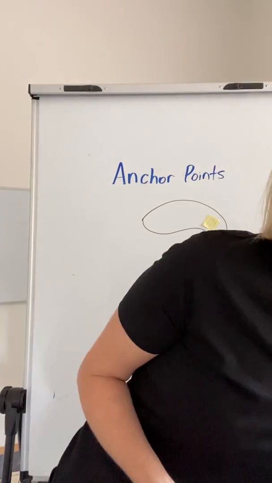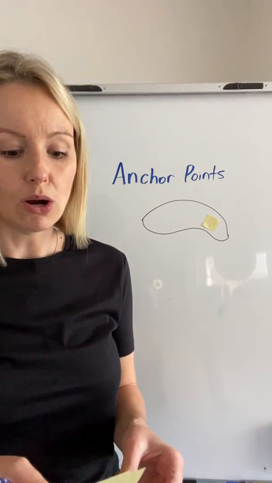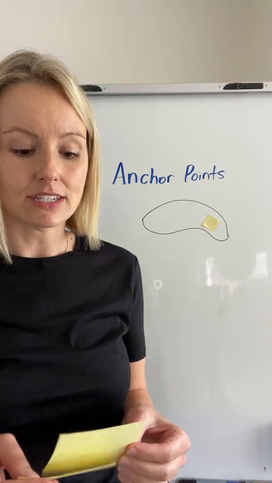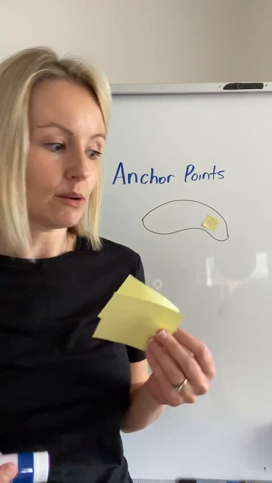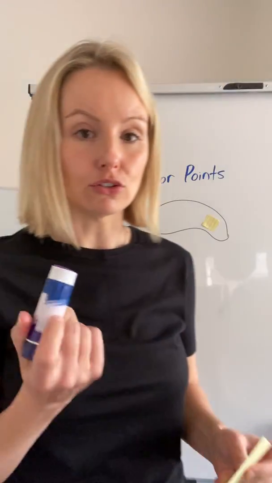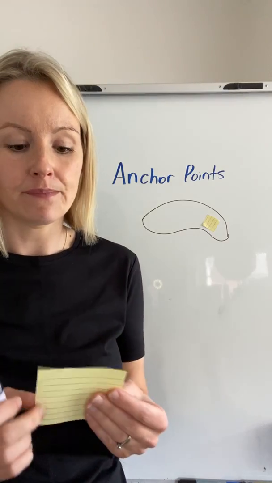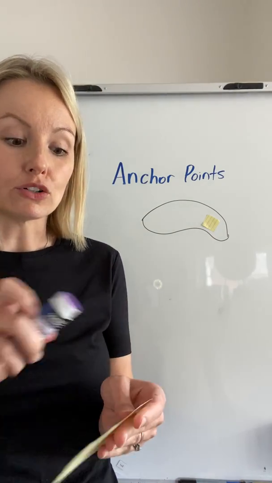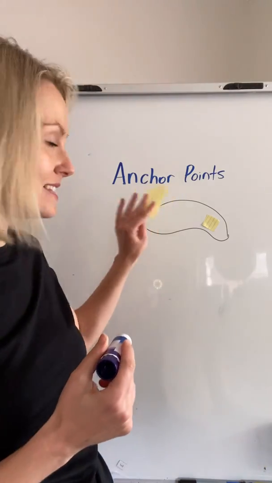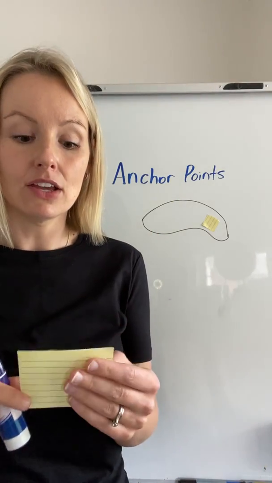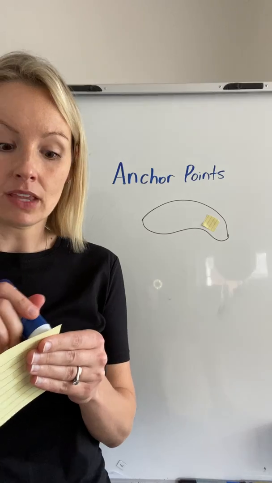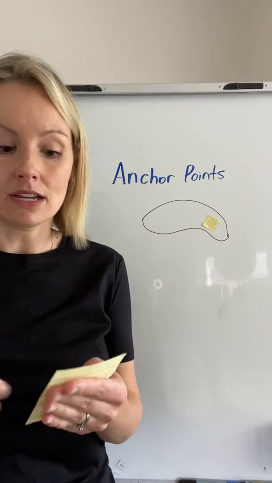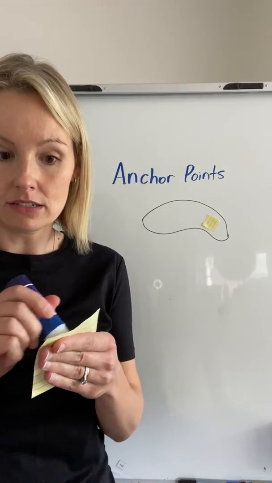But as words become longer and more complex, we actually need to have more anchor points. So if you think about it like the glue on the back of this piece of paper, the bigger and more complex the word gets, the more glue we need to help it stick inside the brain. So we need to understand the sounds. We need to understand the patterns.